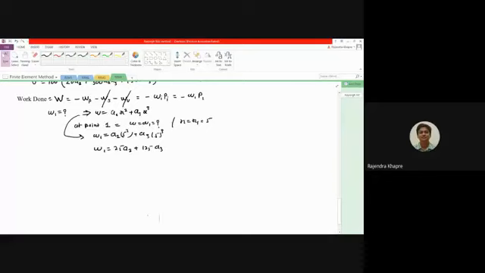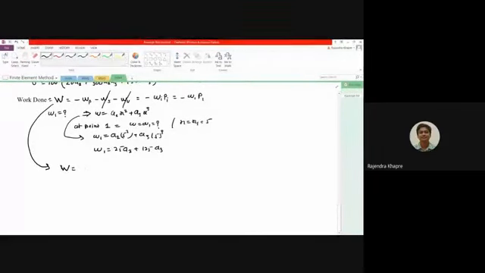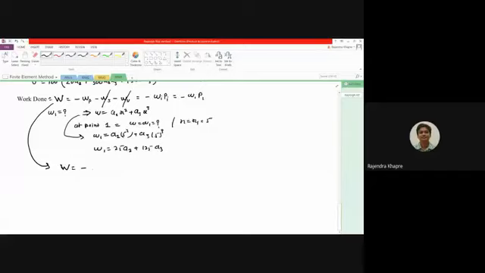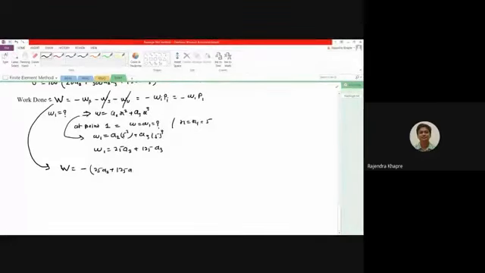If this is known to us, then what we can do is this one, that is the work done. So this capital W can now be written as minus W1, and W1 can be written as 25A2 plus 125 times A3.